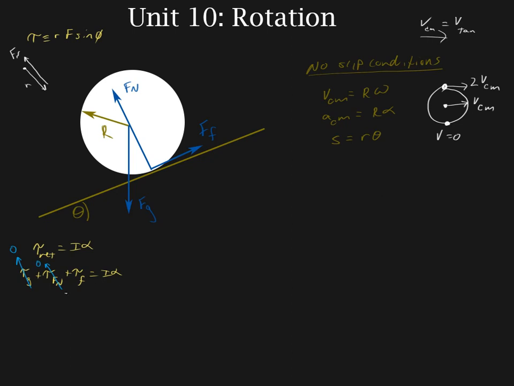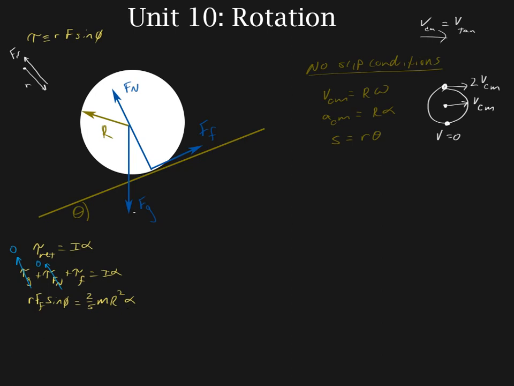Okay, so the only torque we have acting is going to be the torque due to friction, which becomes R times the force of friction times the sine of phi is equal to, for a sphere, I is going to be equal to 2/5 mr squared times alpha. All right, now, a couple of things.